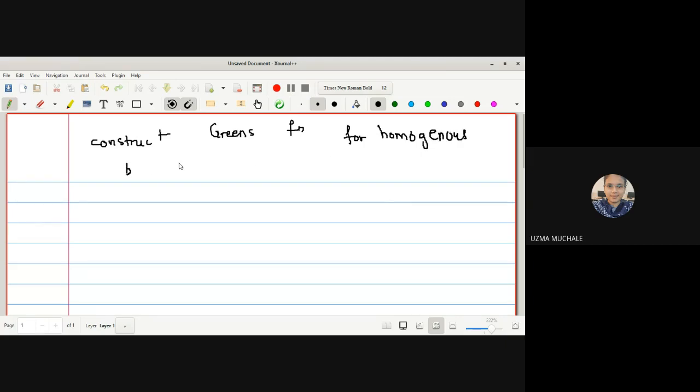You can write what the problem is: y'''' is equal to 0, and the conditions are y of 0, y dash of 0, y of 1, y dash of 1 are 0.